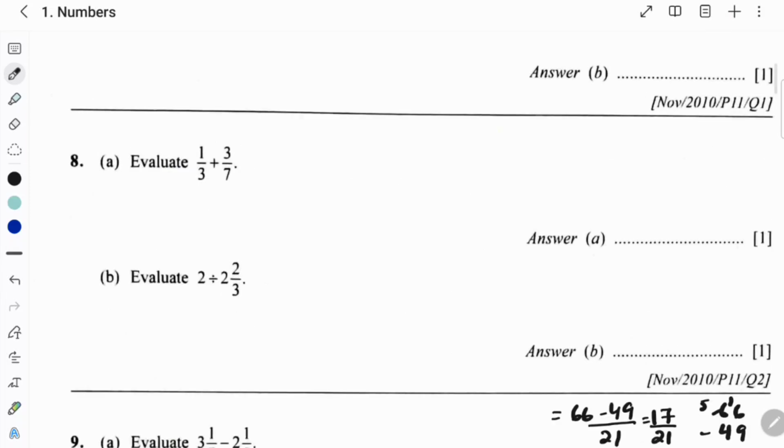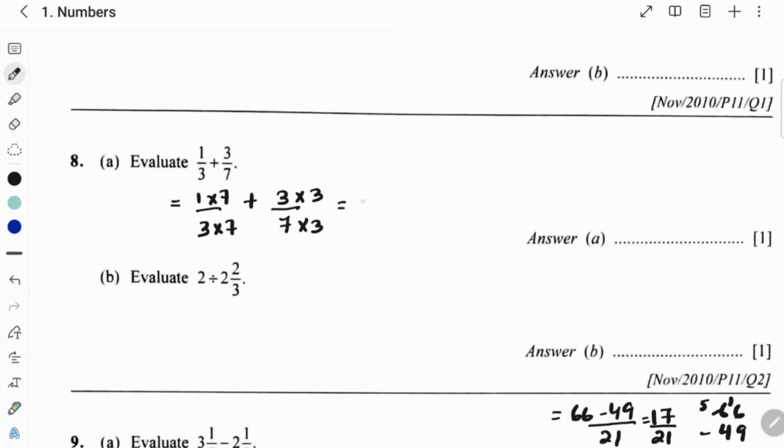Okay. Now this question is again addition, so we will make the denominators equal. So I hope you understood now how to make the denominators equal. Students can do it directly as well, but I'm explaining, so I'm writing down everything. So 3 and 1 will multiply with 7, and 3 and 7 will multiply with 3 to make the denominators equal.